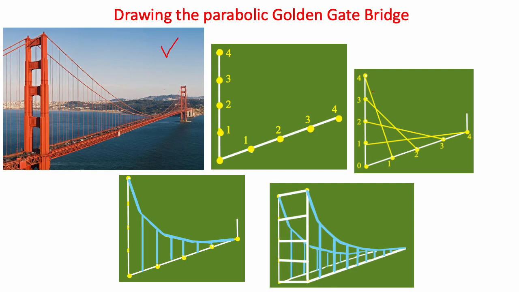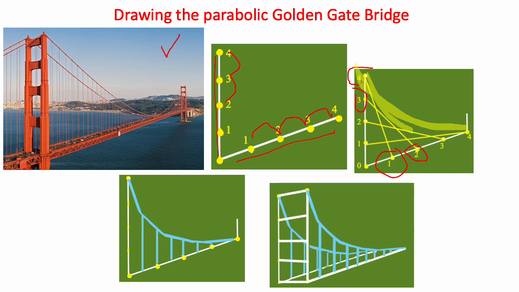To draw the Golden Gate Bridge, define the edges and divide them into the same number of units, but have the units on one line, for example here, be smaller than the units on the other line. Then connect numbers so that number 4 is connected to number 1 on the other line, number 3 is connected to number 2, etc. And you end up with a curve that looks like this, that's parabolic.